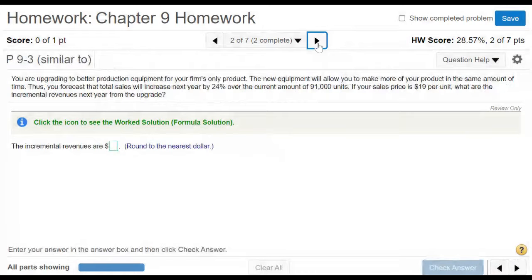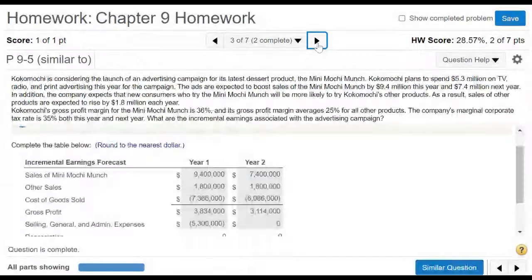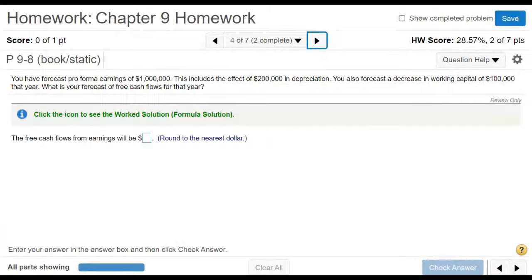Okay, so let's do another one. Here in this situation, we know this formula calls for where you add and you subtract. However, if your forecast is decreasing, where the formula calls for a negative, it becomes a plus.